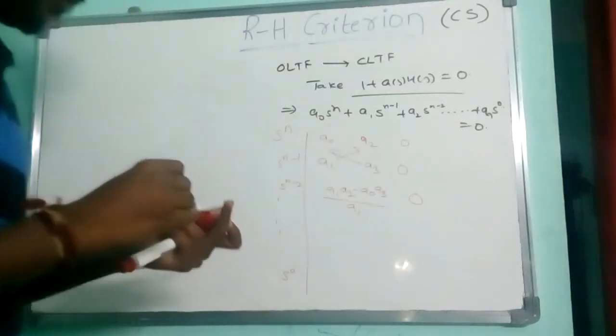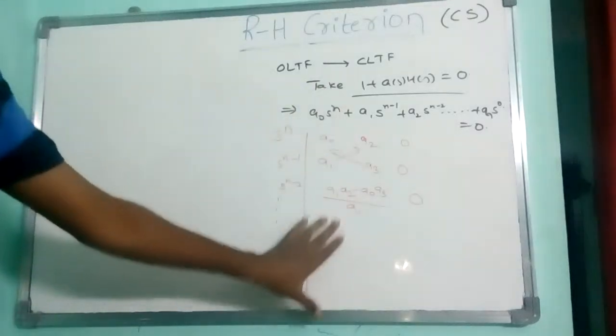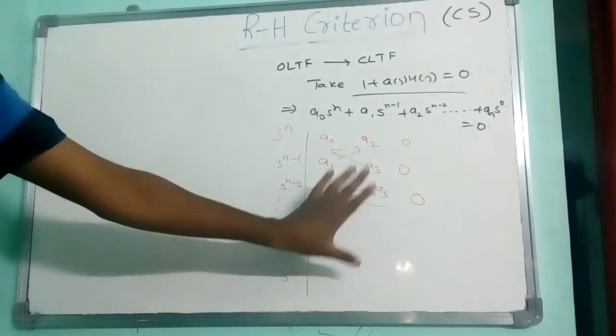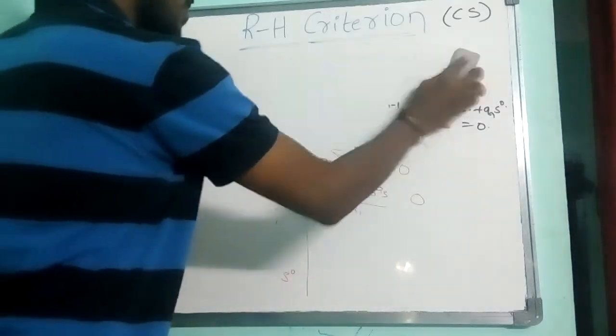Now the values in the first column of the Routh table define the stability of the system.